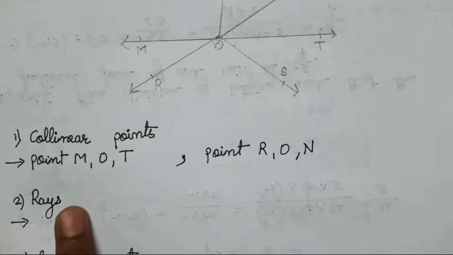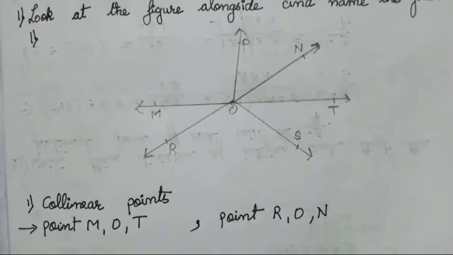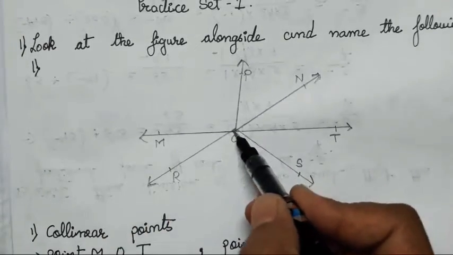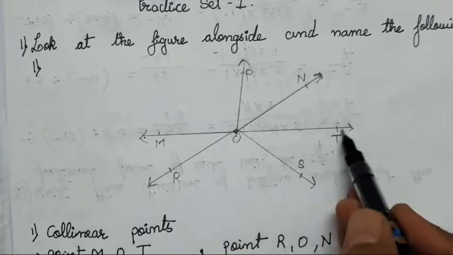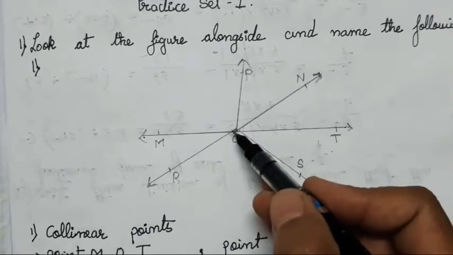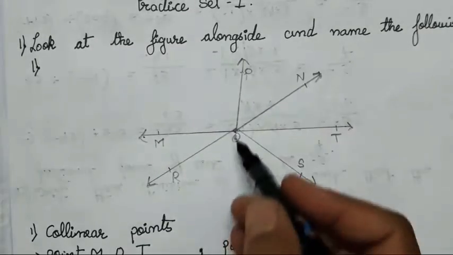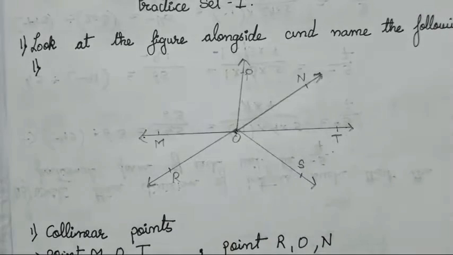Now what are rays? Rays, as I said, you have to remember it should have one dot and one arrow. Okay, so from this figure how are you going to find? See, OM dot and arrow, OT dot and arrow, ON dot and arrow, OP dot and arrow, OR dot and arrow, OS dot and arrow.